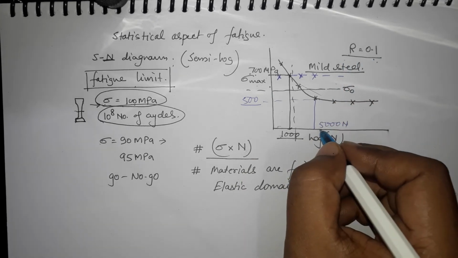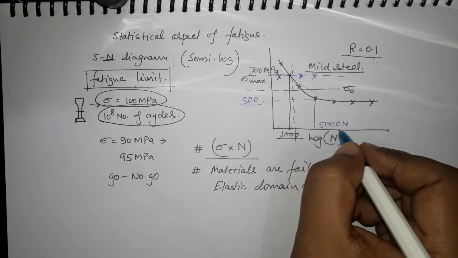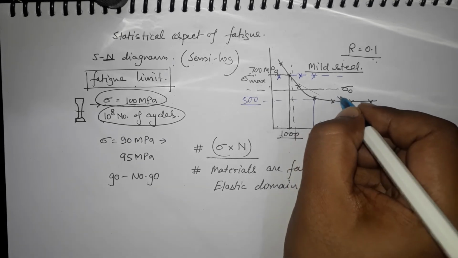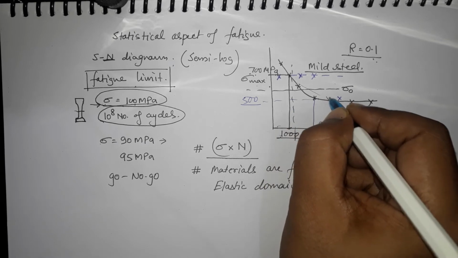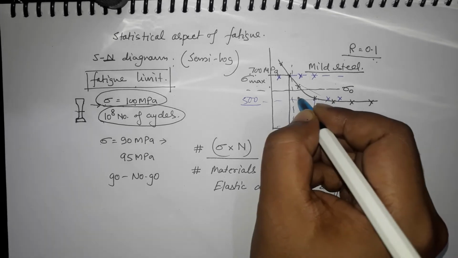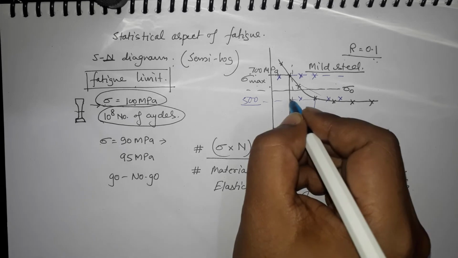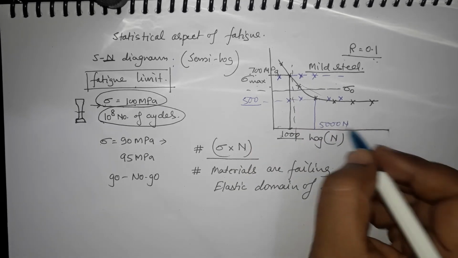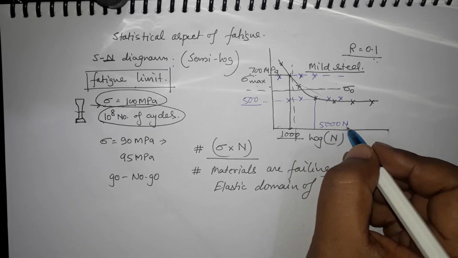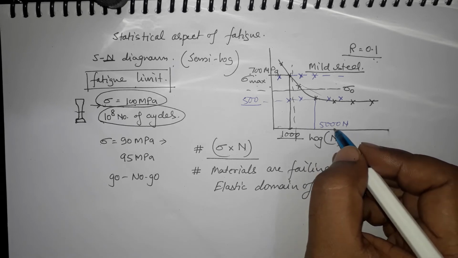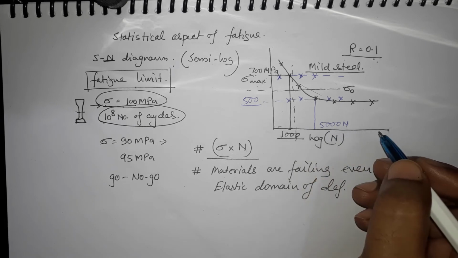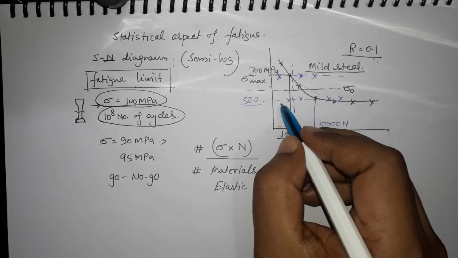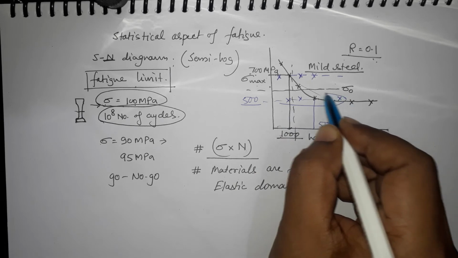Again, the material may not break at 5000 number of cycles, it may break at 10,000 number of cycles, or 7,000 number of cycles, or 2,000 number of cycles, or 1,000 number of cycles. So not by 50 or 100, you can have a difference of 1000 number of cycles also. The point being that fatigue shows a huge scatter.